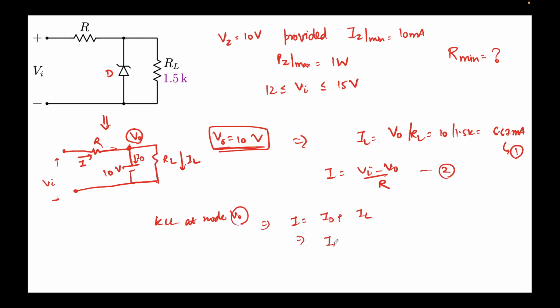This gives ID equal to I minus IL. If you remember, we had obtained ID should be greater than or equal to 10 and less than or equal to 100. That is the expression we obtained in the last slide. Now I am going to plug in all the values that we know into this expression.